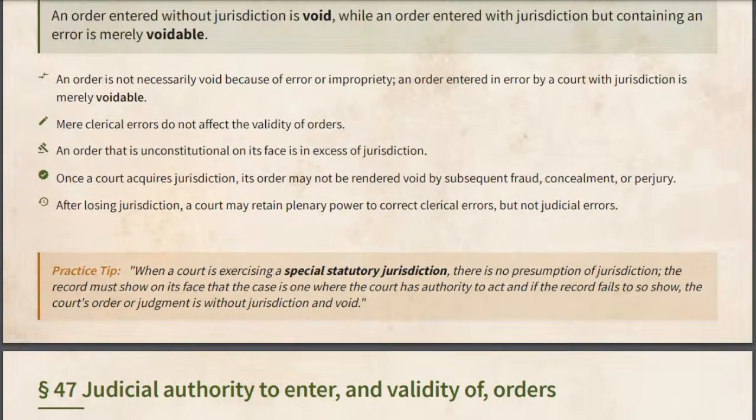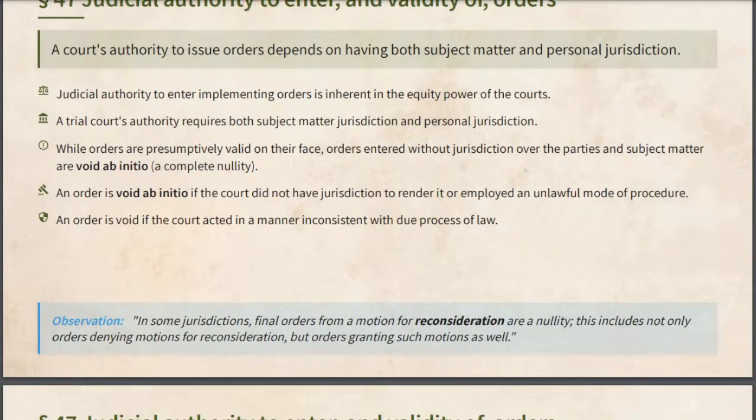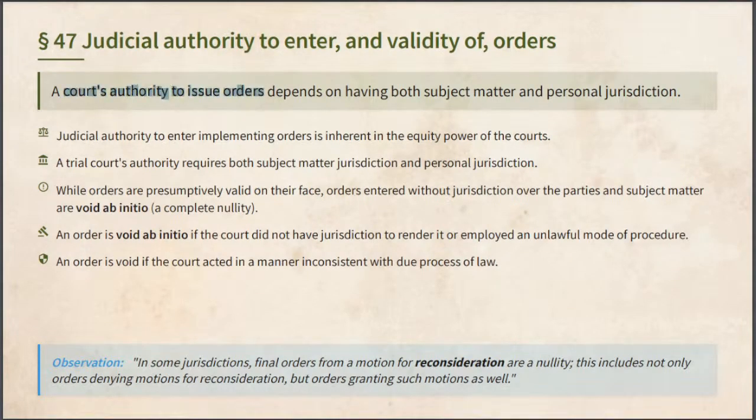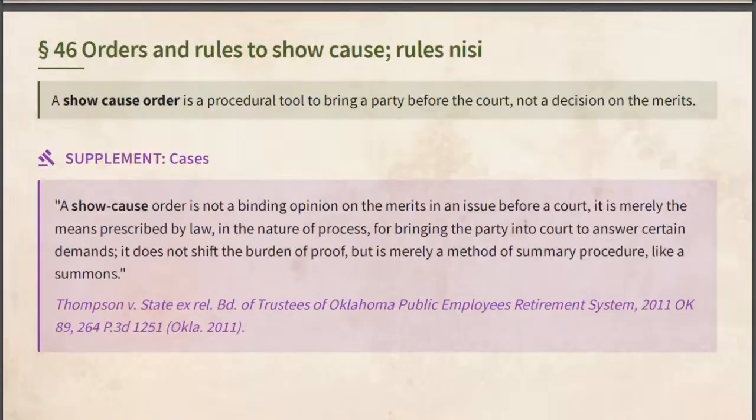So this is where we started with the court's authority to issue orders depends on having both subject matter and personal jurisdiction. An order is void ab initio if the court did not have jurisdiction to render it or employed an unlawful mode of procedure. So that's one there. And amending it with facts.